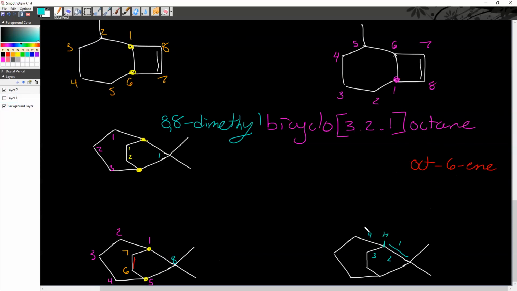Are there instances where you can have the double bond there? Yeah, there is. In which case, if that hydrogen wasn't there and we did have the double bond, then what we essentially would have to do is count through the bond.